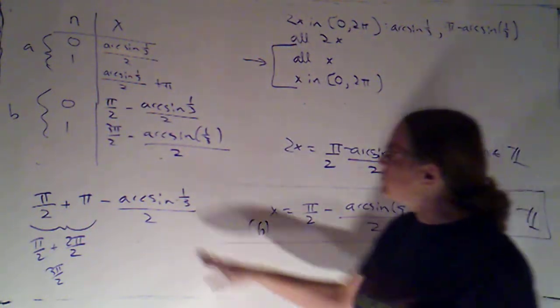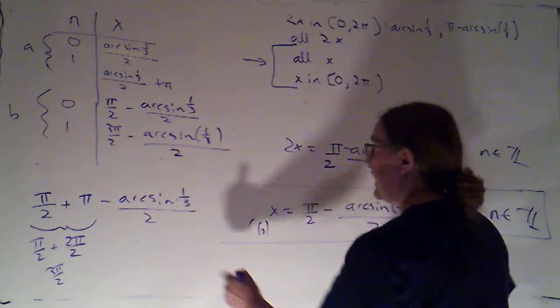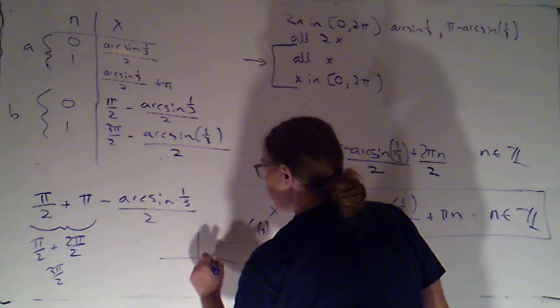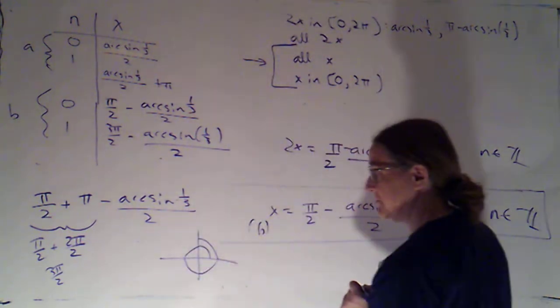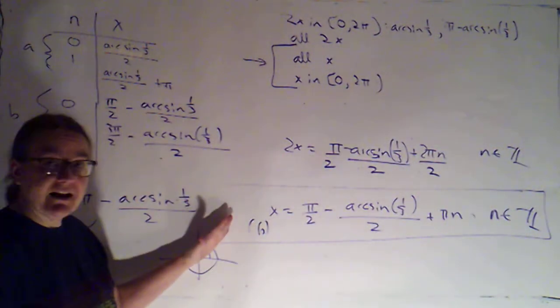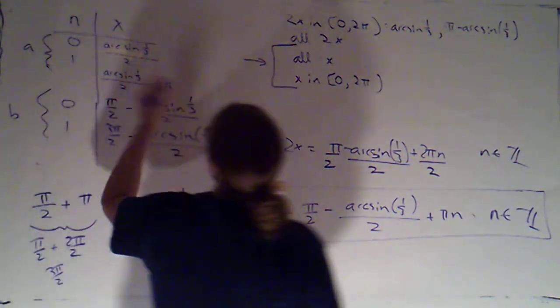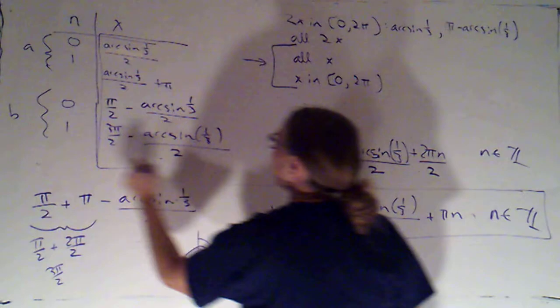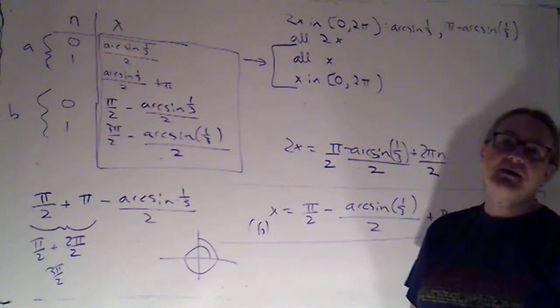But if I added another 2 pi, I'd get to 5 pi over 2 minus this acute angle. But 5 pi over 2, that would be pi over 2, 2 pi over 2, 3 pi over 2, 4 pi over 2, 5 pi over 2. I would have rotated past 2 pi. If I subtract an acute angle, I'm still bigger than 2 pi. Okay. So these are all of my solutions for what x could be between 0 and 2 pi.